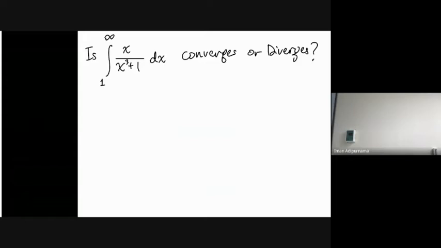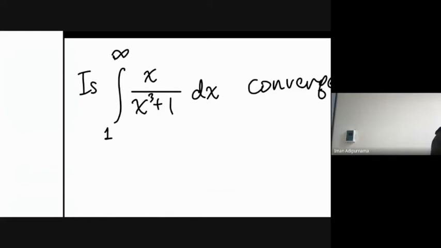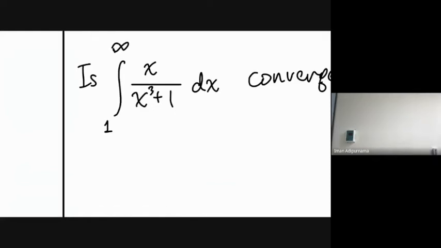Now, to use the comparison theorem, we need to establish a new function, based on our rational polynomial. Let's look at this x over x cubed. Let's observe or consider 1 over x squared.